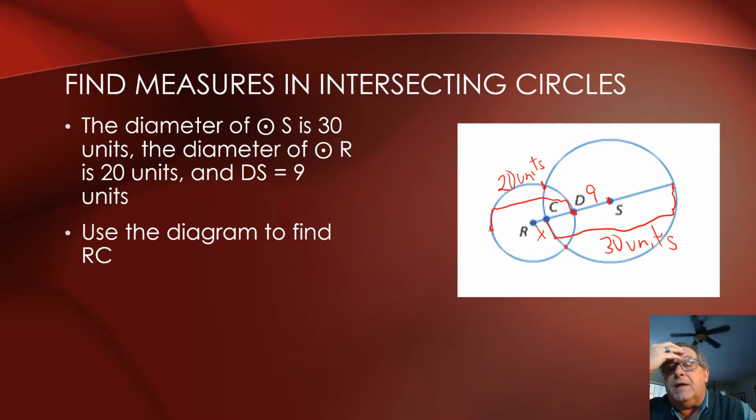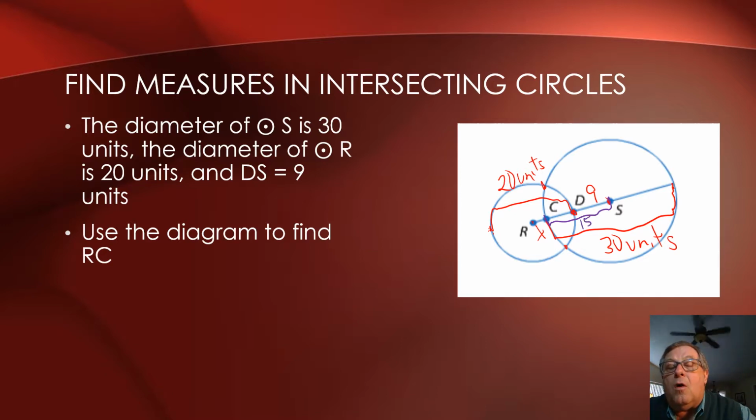Now, if the diameter of circle S is 30, that means that the radius is 15. Let me put this in a different color. We've got a radius going from endpoint C to S, and that's 15.